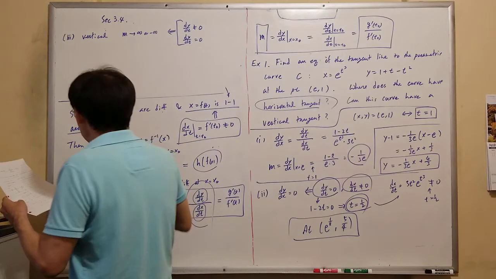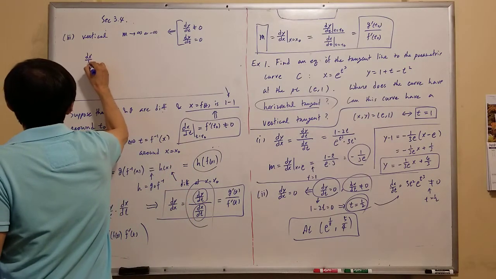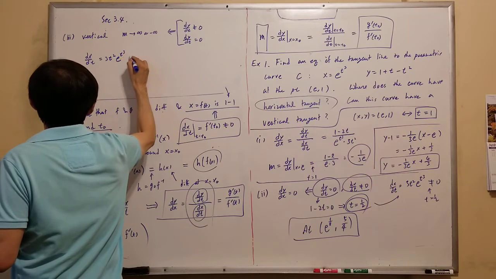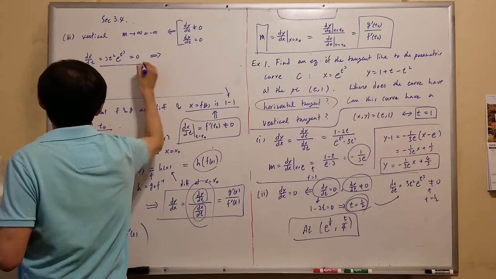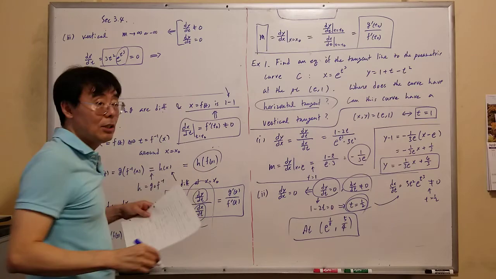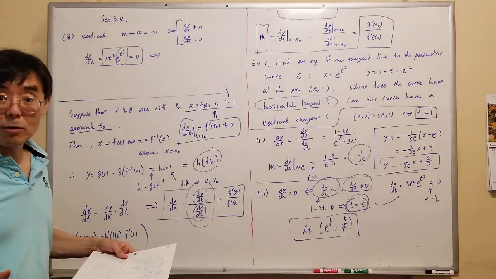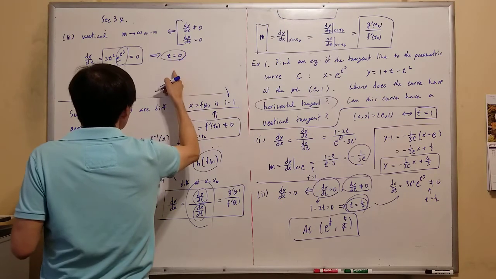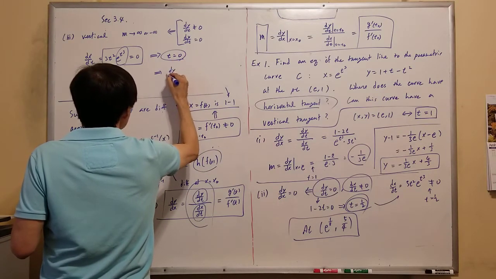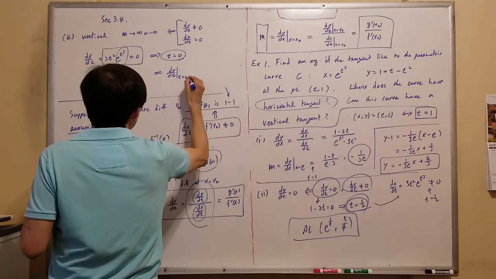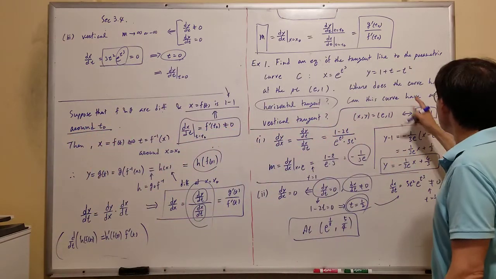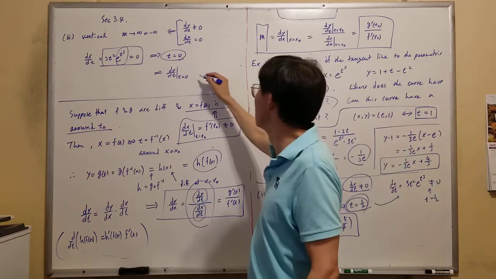Now, dx over dt equals 3t squared e to the t cubed equals 0. In that equation, e to the whatever will never be 0, always positive. That means this must be 0. So t must be 0. There, what is dy over dt when t equals 0? What was dy over dt? 1 minus 2t.